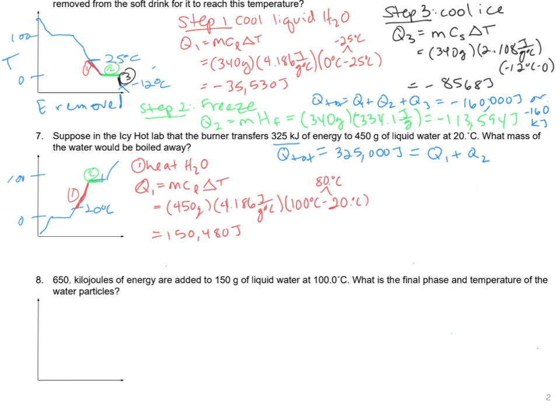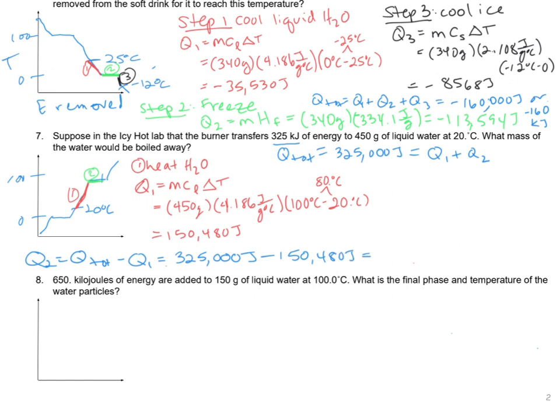So now our total energy was 325,000. If we take 325,000 and subtract the amount of energy used in step 1, we'll find out the energy in step 2. So basically Q2 is equal to the total energy minus Q1, which is equal to 325,000 joules minus 150,480 joules.